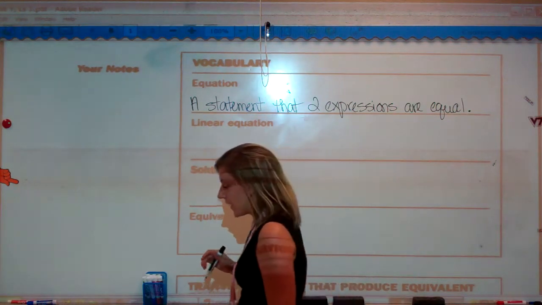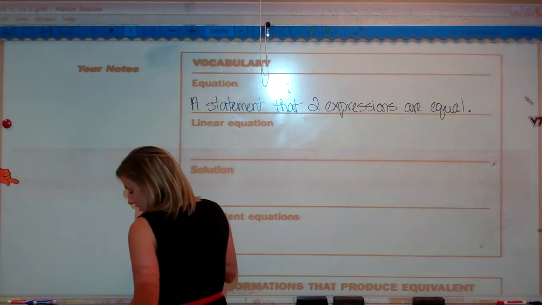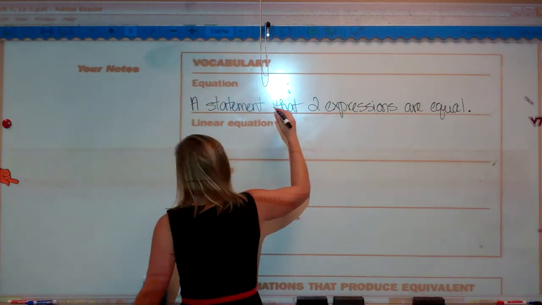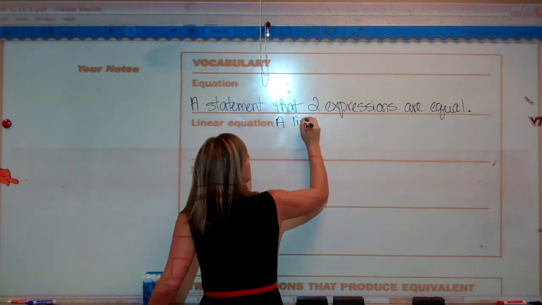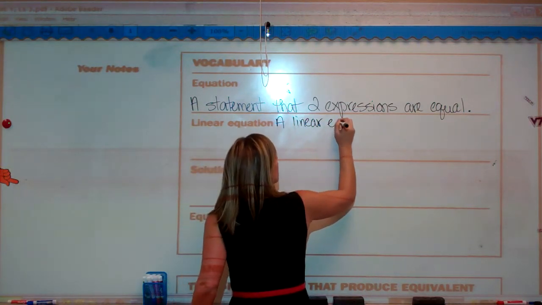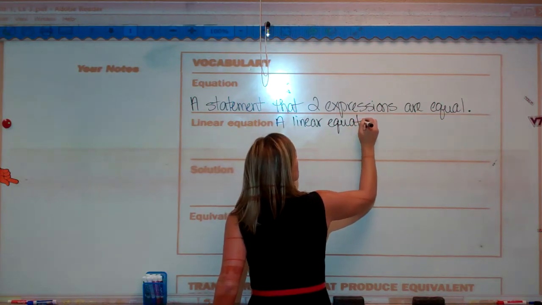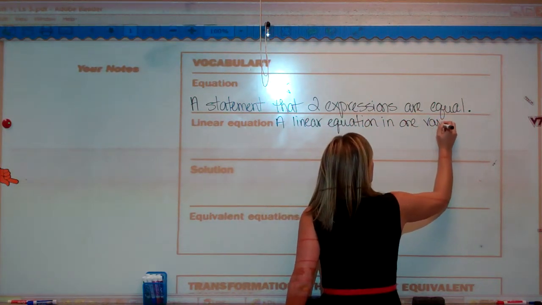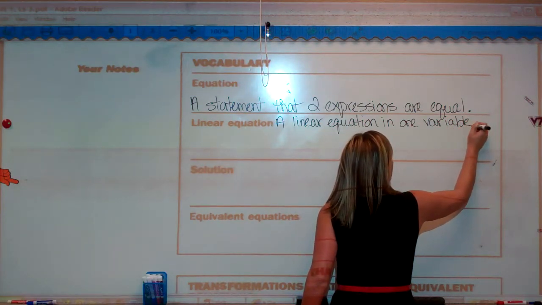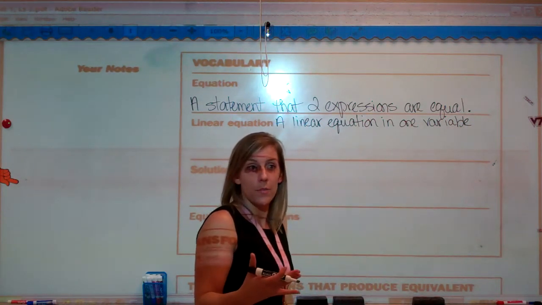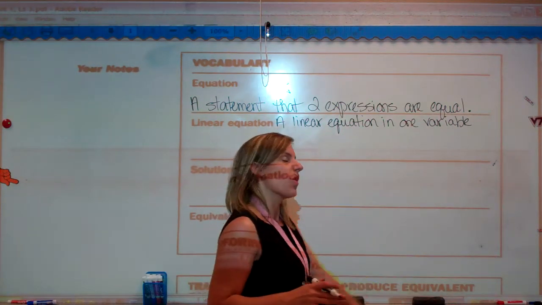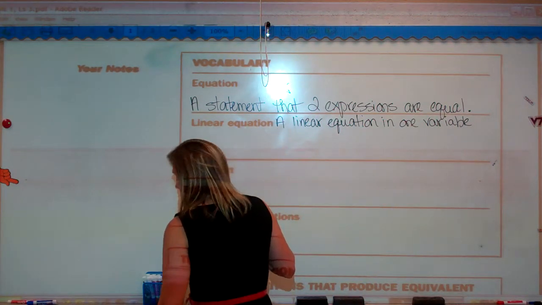It's going to have more than one variable. So the definition for that is a linear equation in one variable. Okay? You could have one variable, but then the line would either be just one direction vertical or one direction horizontal.